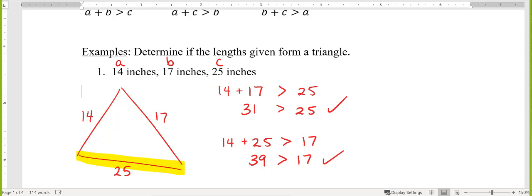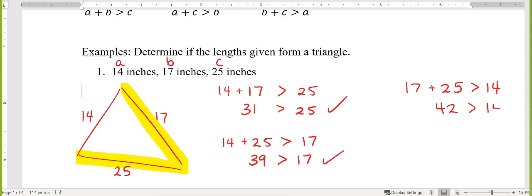I have one more relationship to check. I did 14 plus 17, and I did 14 plus 25. Now I need to check, is 17 plus 25 bigger than 14? 17 plus 25 is 42.